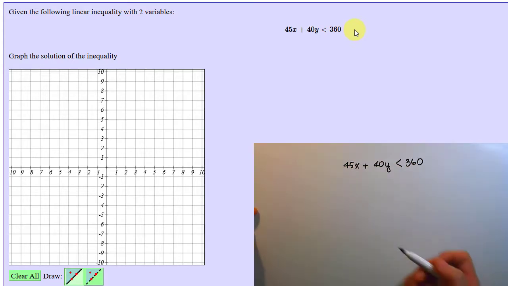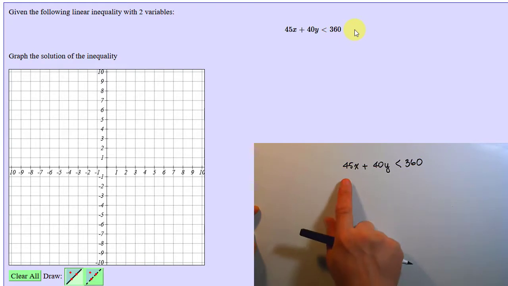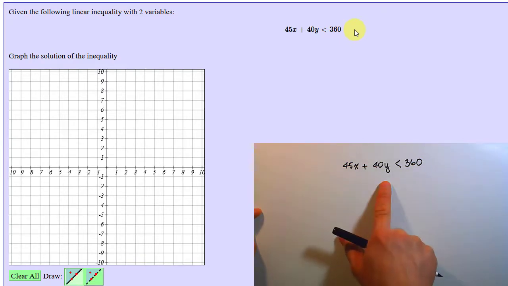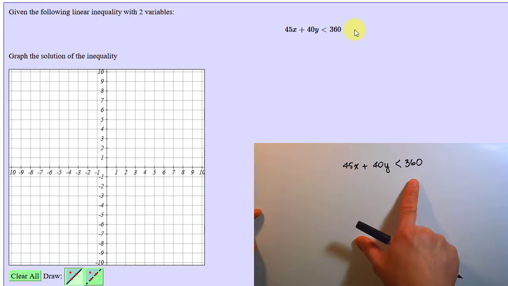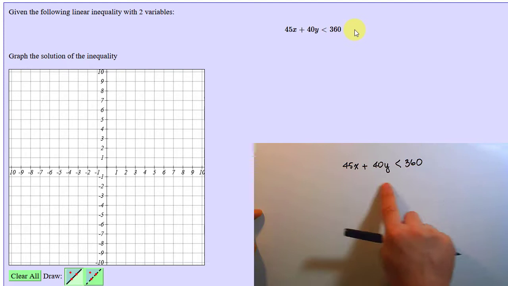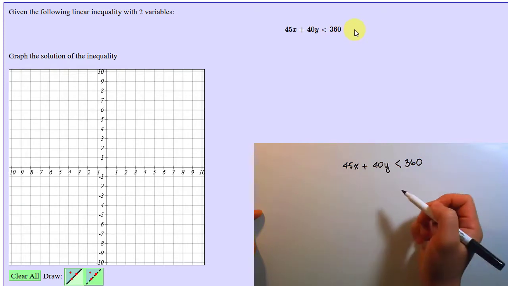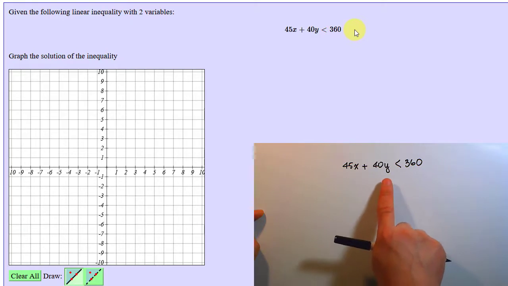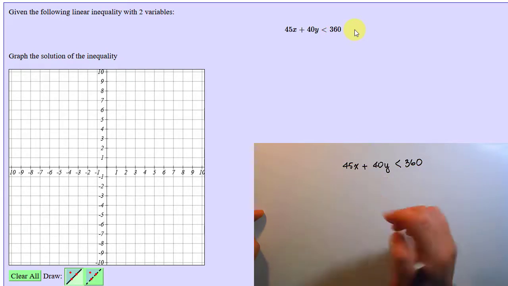So I myself teach my students anytime they're graphing the solution of a linear inequality like this in two variables, it's always easiest to bring this into a form similar to the slope-intercept form, even though here it's an inequality.